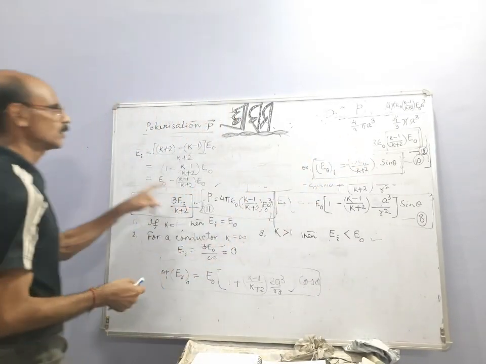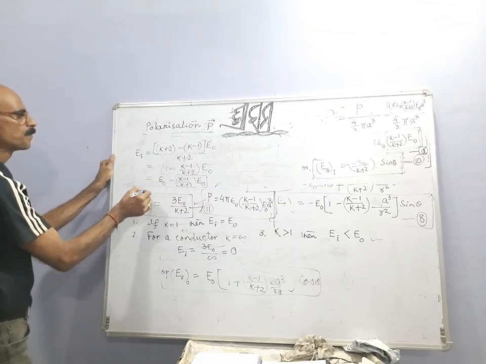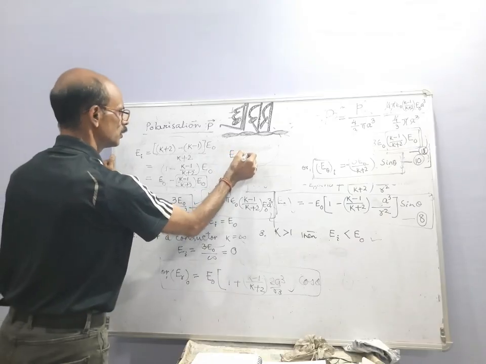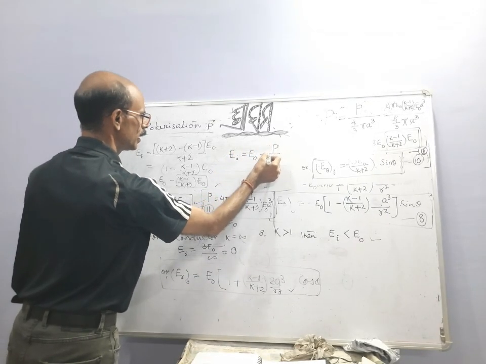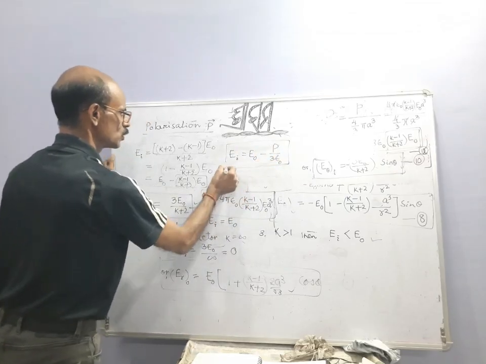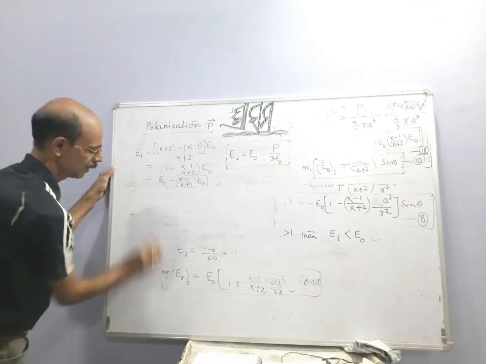So in its place I can write: Ei is equal to E0 minus P by 3 epsilon naught. So the electric field inside the sphere can be expressed this way.